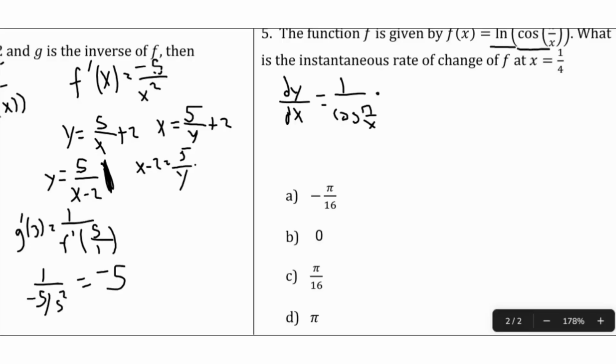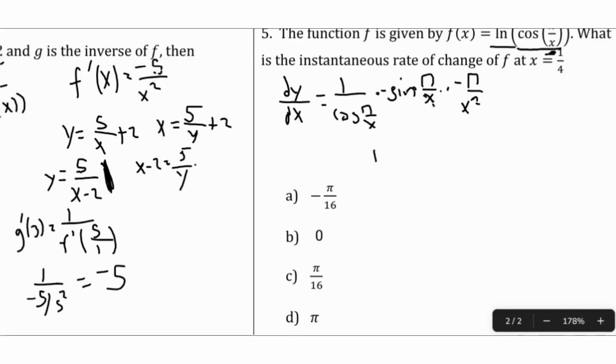And then we multiply by the derivative of this inner function, which is negative sine pi over x. And then again, we have to use chain rule here because we have this inside cosine pi over x, we have that function there. So the derivative of pi over x is negative pi over x squared.